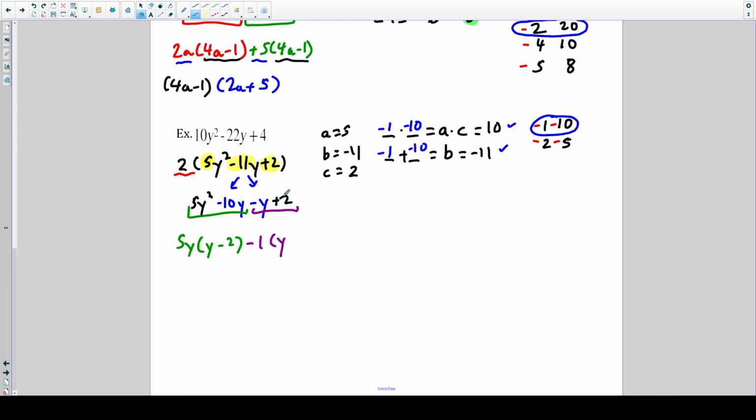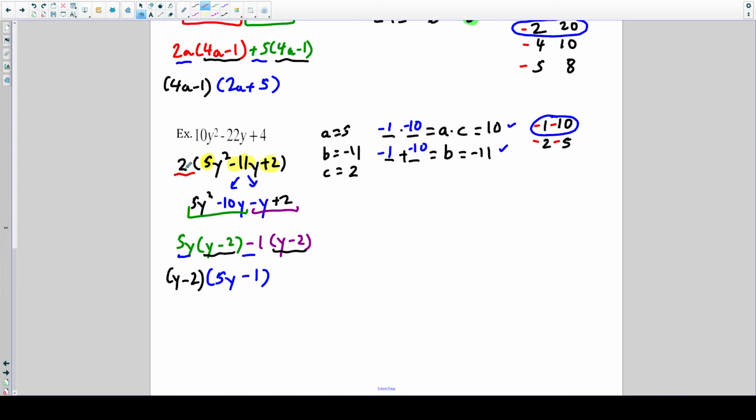And we factored out a negative 1 from that positive 2. So that means that negative 1 times negative 2 needs to give me my original. And you can see in doing so, we have found the same factor, y minus 2, that we can bring out to the front. And what's left over is going to be this 5y minus 1.